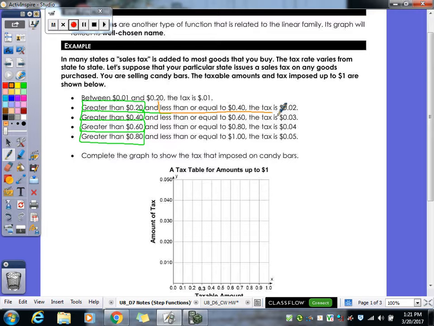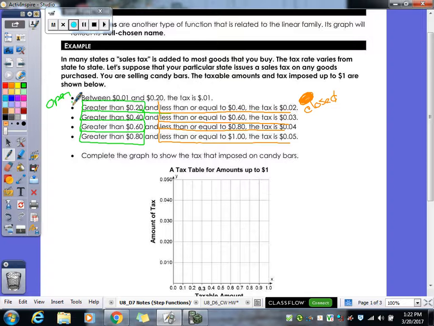Now, if it's less than or equal to, remember that equal to means we're going to do these kind of like we did inequality graphs with the open circle, closed circle. Less than or equal to, these are going to be closed circles. On this side, these are going to be open circles because it says greater than, not equal to.